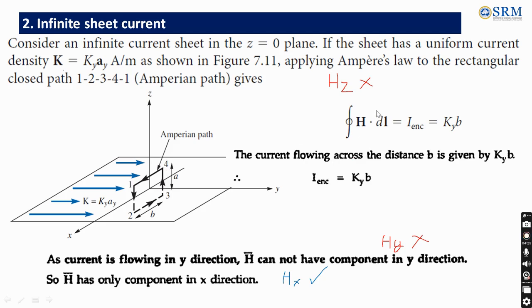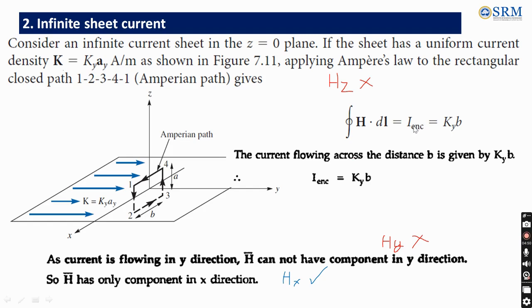As we know, the line integral of H dot dL is equal to the current enclosed. Since we are going to consider current flowing across the distance b, that is going to be Ky into b, instead of the a y unit vector. So the b comes out here as the current flow, and this can be related to the current density, right?